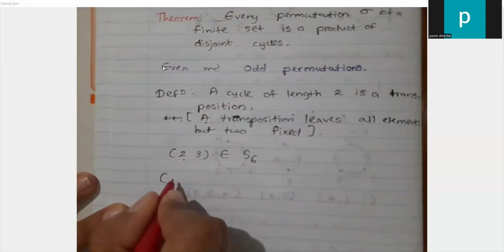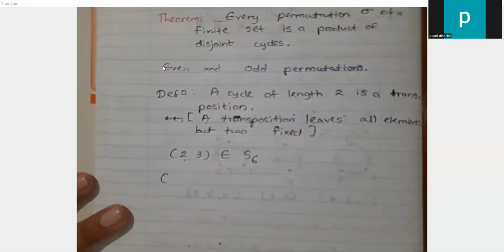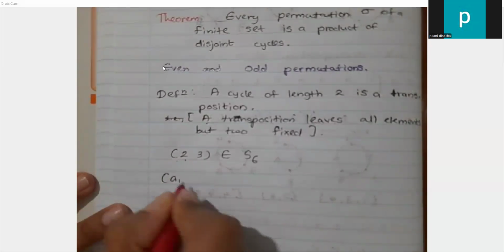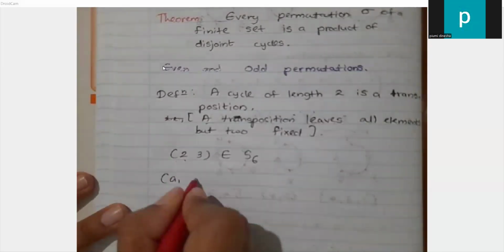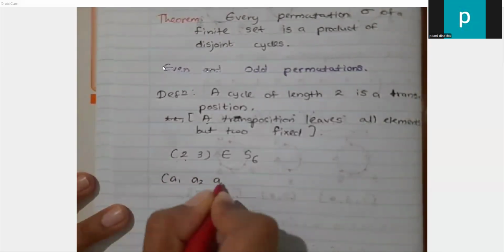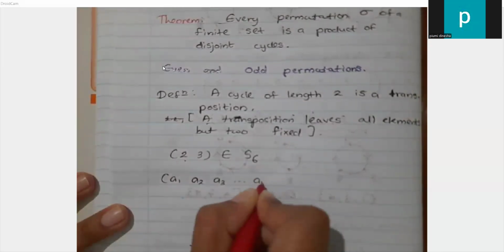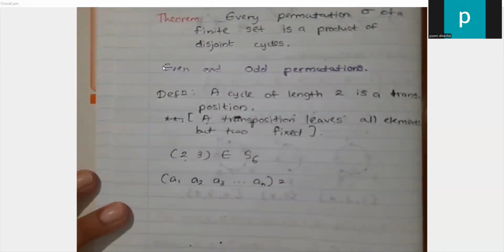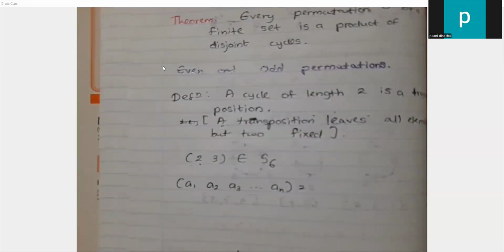Now we can see, and I will ask you to do the calculations, that any cycle of length n, if we write it in terms of the elements A1, A2, A3, up to AN, we can break into a product of transpositions.